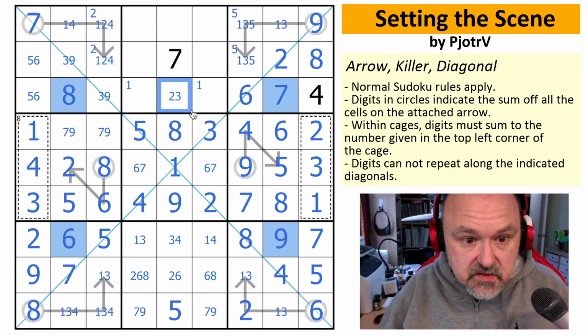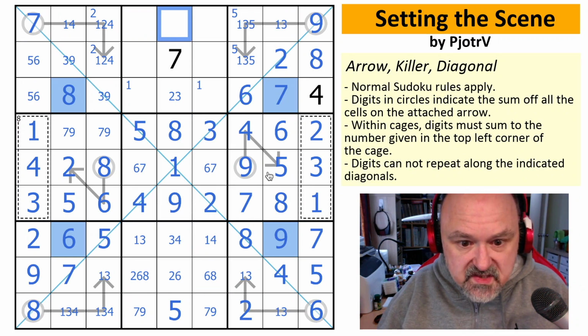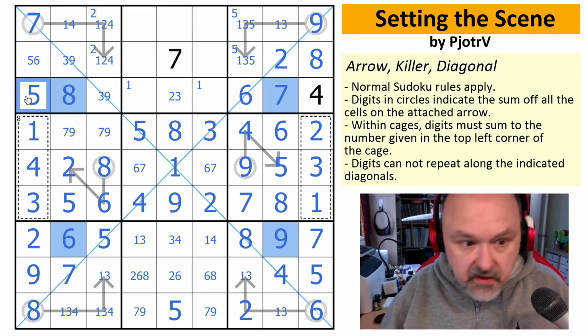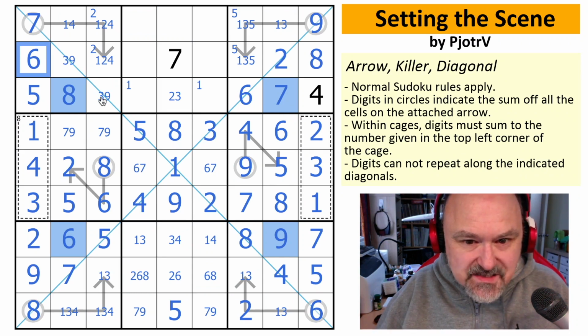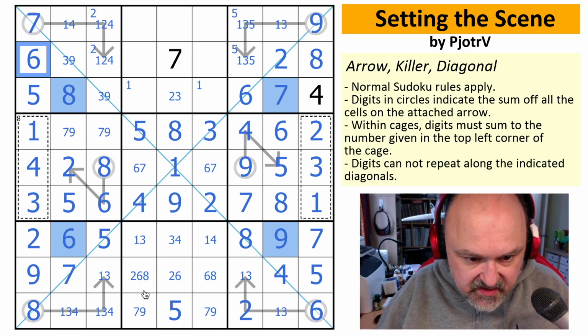So this has to be a 2 or a 3. Oh, what am I missing? This 6 is looking over, making that a 5 and that a 6. This is edge of my seat kind of stuff.